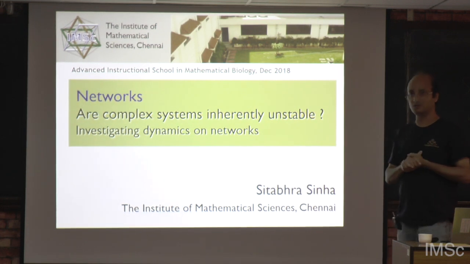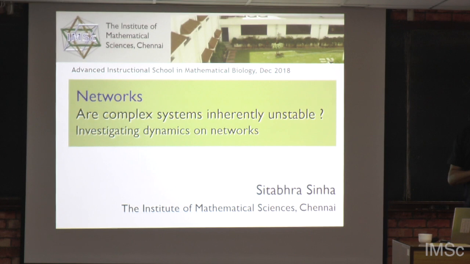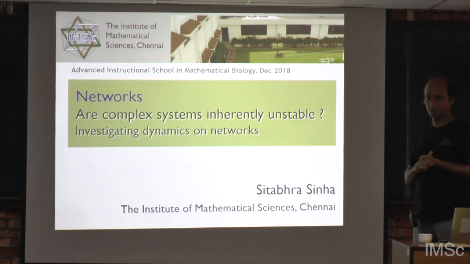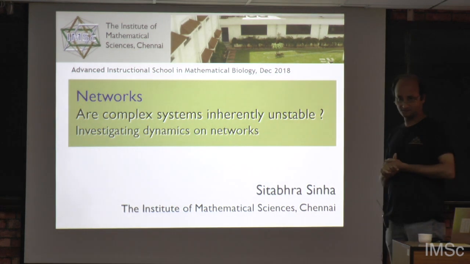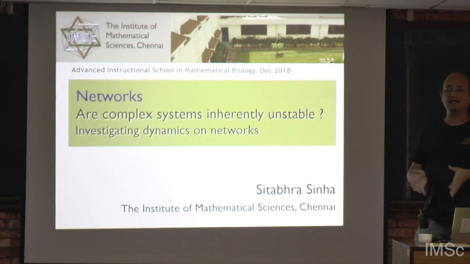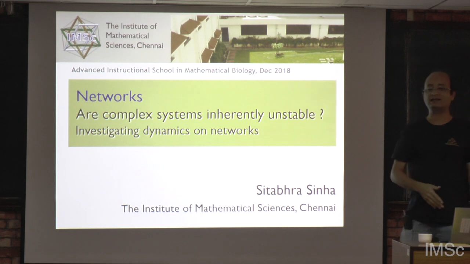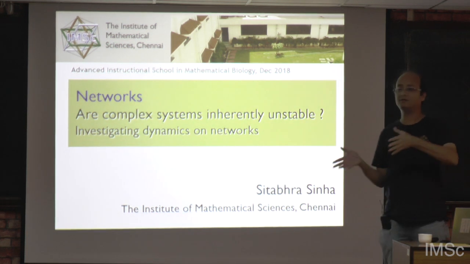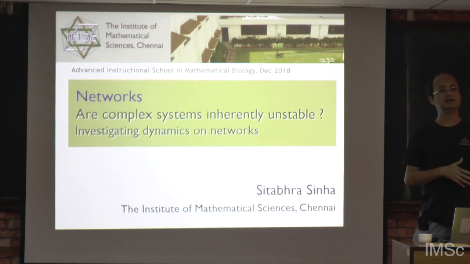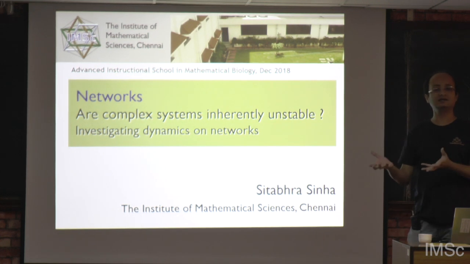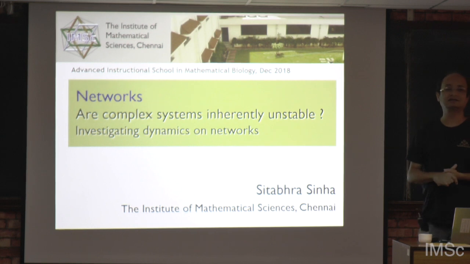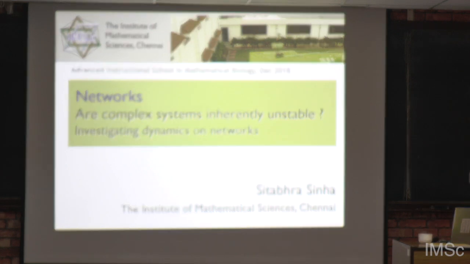I may be interested to know how the activity of different neurons changes over time as a result of this network of connections. And suppose I take one type of network and replace it with another type of network, I might be interested to know how the collective activity of the network changes as a result of the change in the type of network that I have put those neurons in.